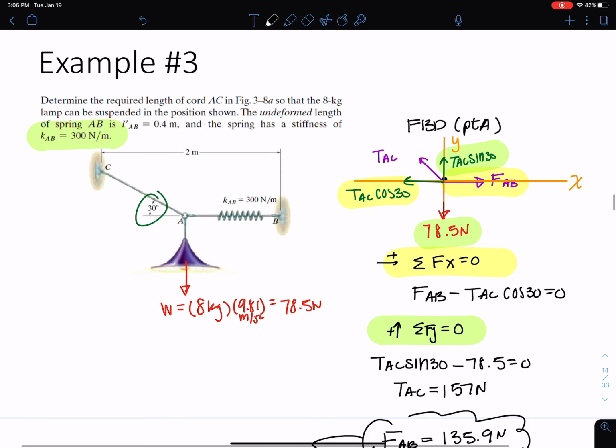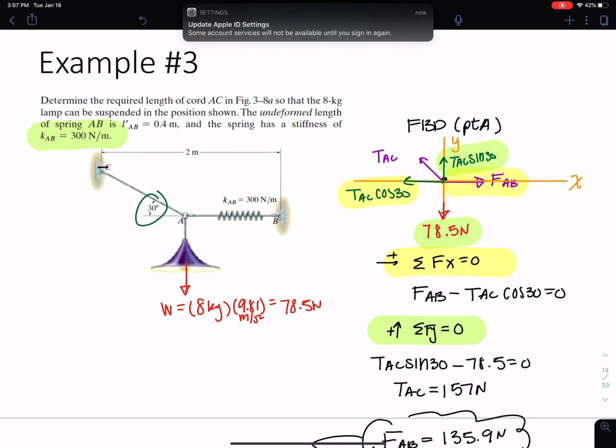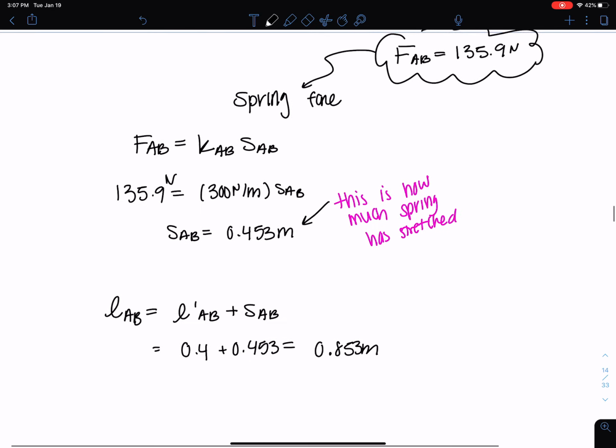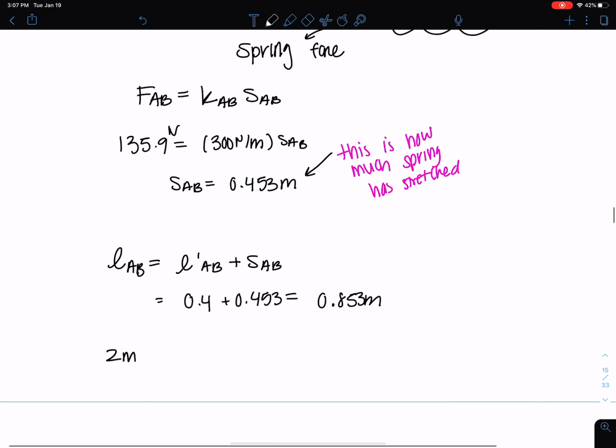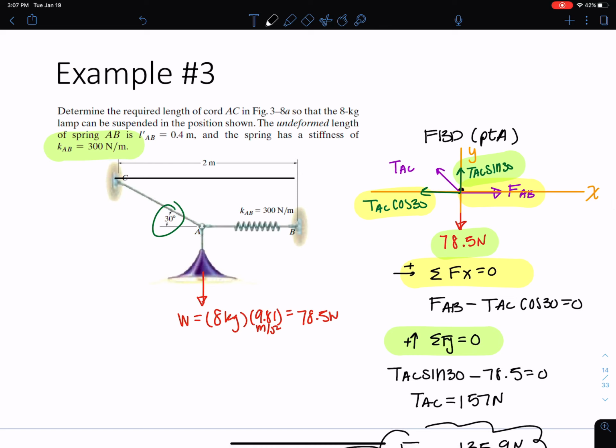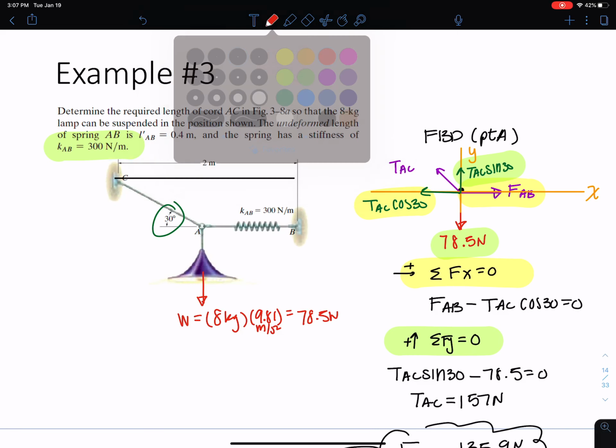So the horizontal distance from C to B, total, this distance is 2 meters, right? So what I really need to get is this 2 meters, which is equal to LAC cosine 30 plus the 0.853 meters, and this is my final answer, which is LAC. I want this distance here.